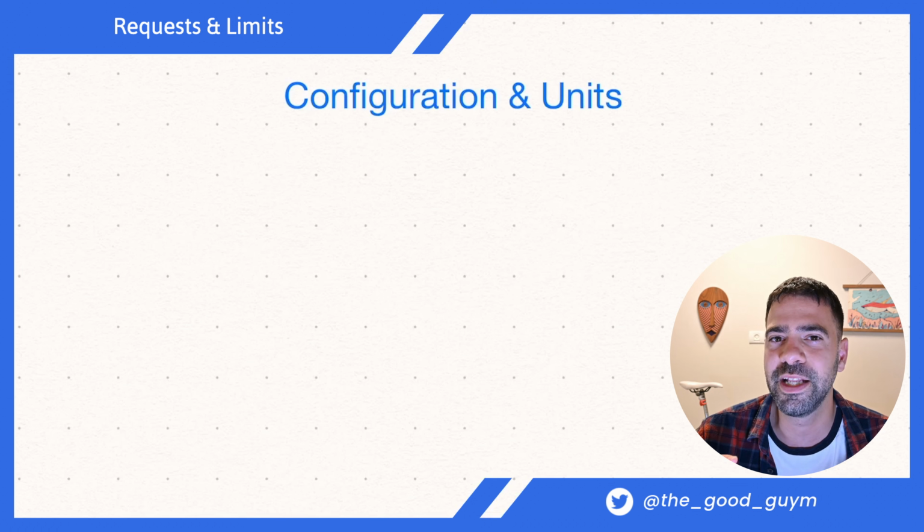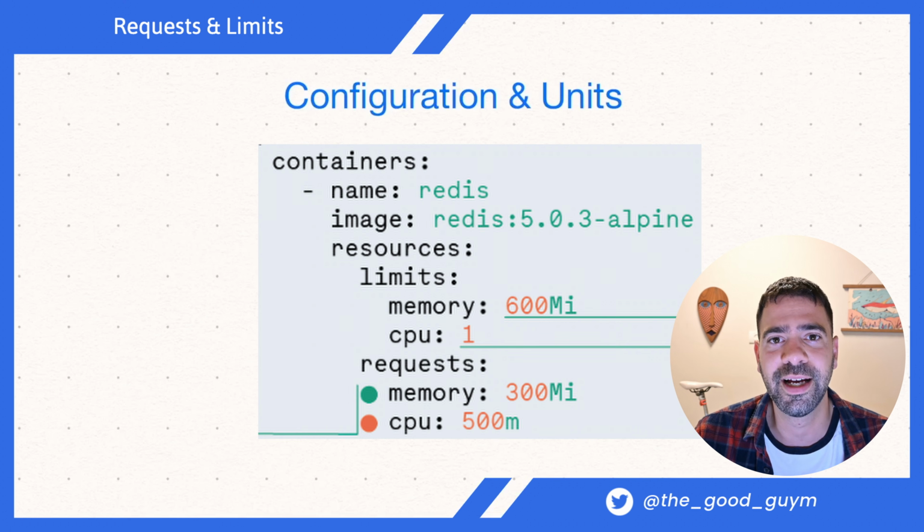I want to talk a little bit about the configuration and the units. Where we configure requests and limits: in each container we have the resources section, and there we can define requests and limits, and for each one we can define the memory and CPU required.